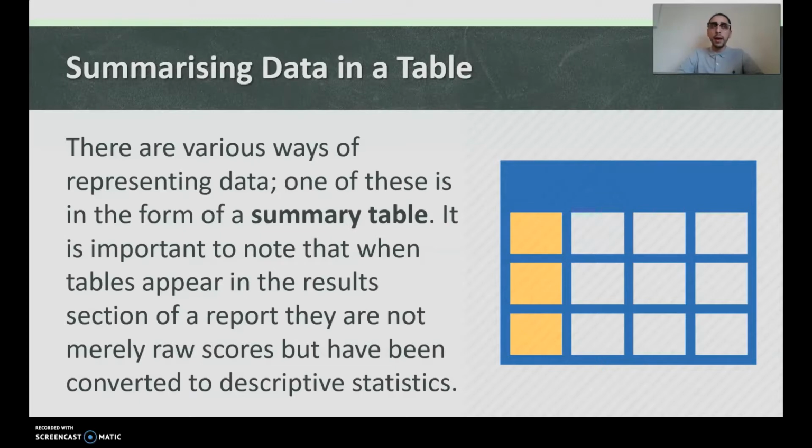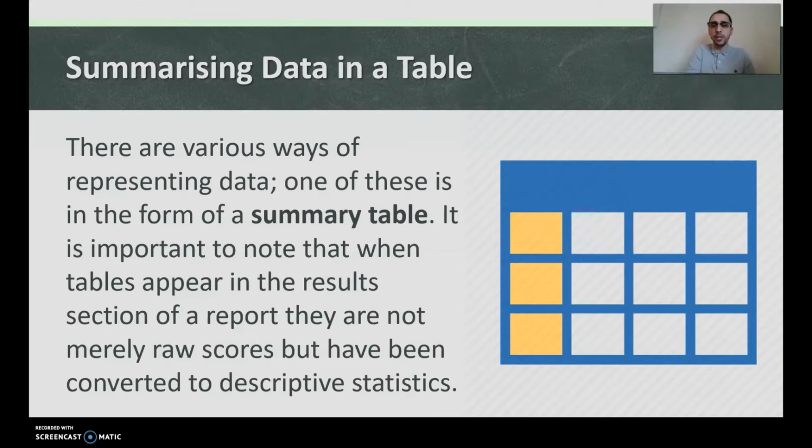So think about when you did your piece of research and you were finding out whether people obeyed you, whether you're wearing a mask or not. You wouldn't have simply put participant number 1 did obey, participant number 2 didn't, that person did, whatever. You would put some sort of means or something.